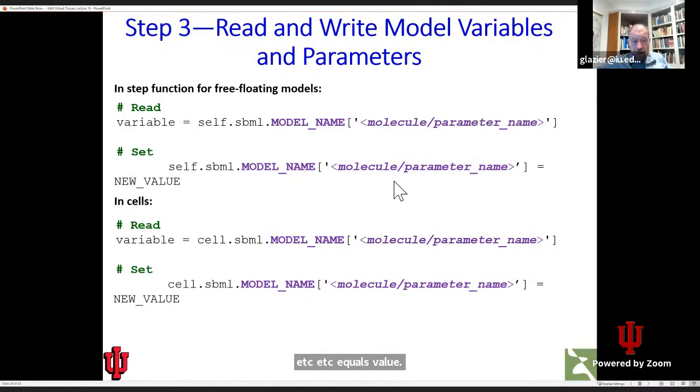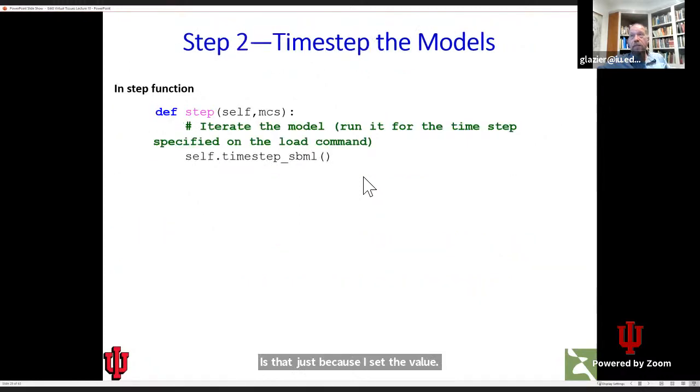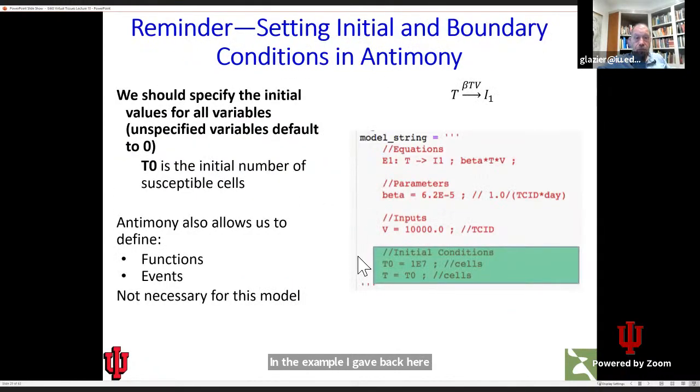The one thing that you have to watch out for is that just because I set the value doesn't mean that value does anything inside the SBML model. In the example I gave back here, if I said in CompuCell self.sbml model square bracket T0 equals 10, it would change the value of T0, but because T0 isn't read except when I load the model, it would have no effect on the simulation.